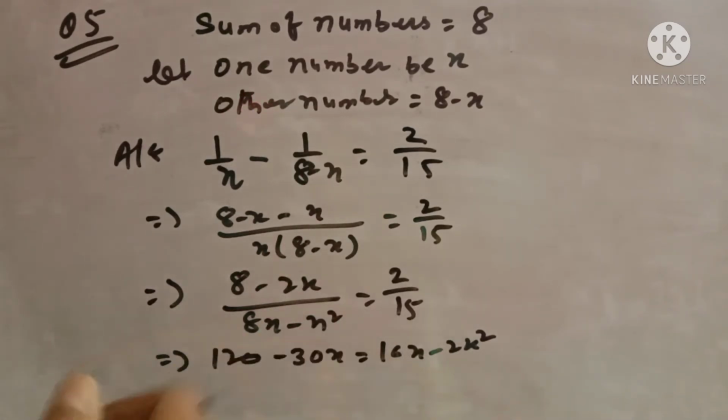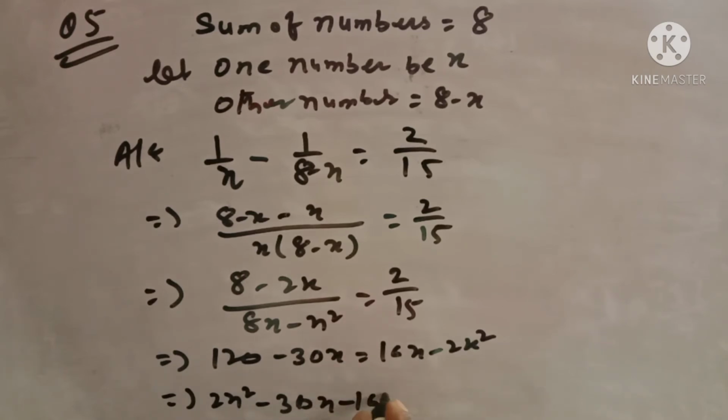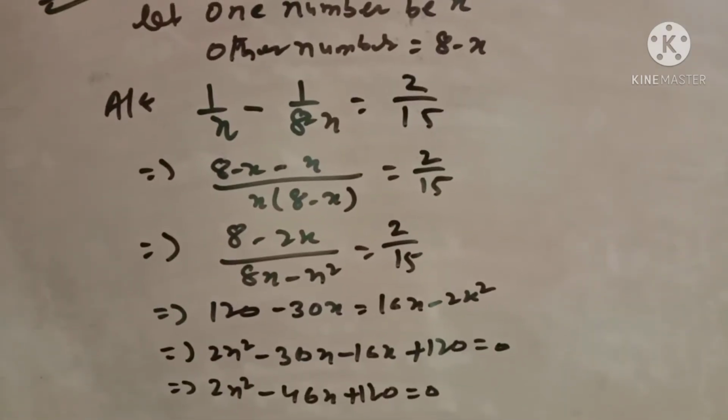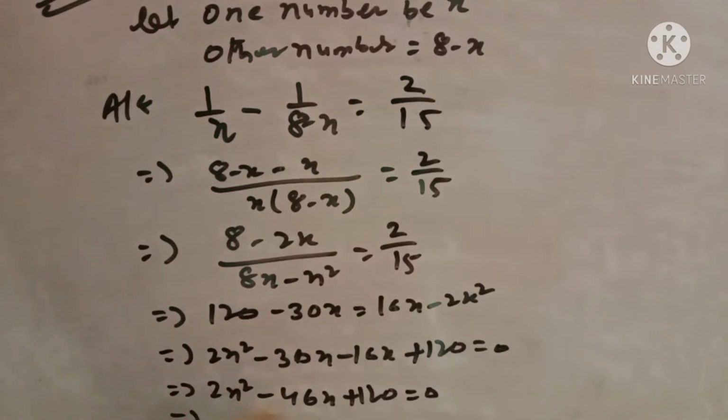Now take this one this side. So it will come 2x square minus 30x minus 16x plus 120 equal to 0. So 2x square minus 46x plus 120 equal to 0. Now dividing the terms by 2, it will come x square minus 23x plus 60.